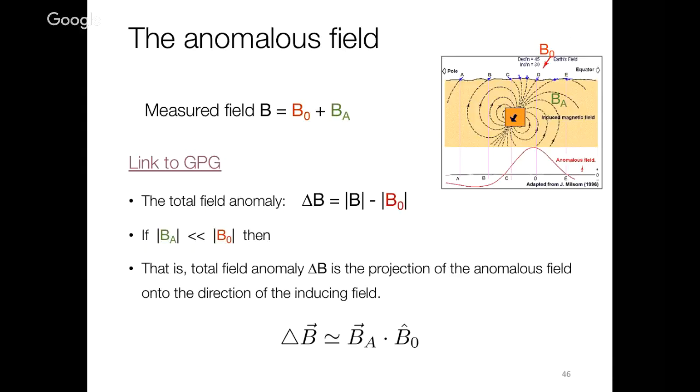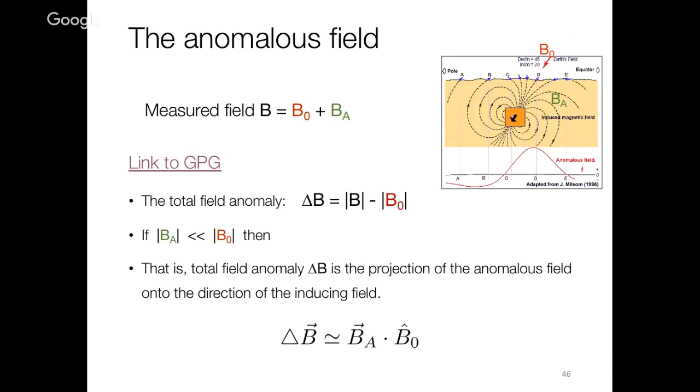B is equal to B naught plus BA. So the magnitude of this will actually be less than the magnitude of this, and so you will get a negative value. Yeah, so that's actually exhibited right here. If I look at that difference, I actually get a negative.